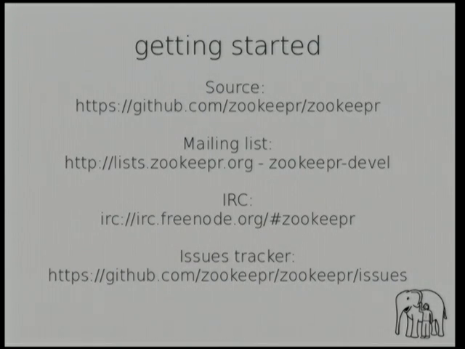There are heaps of tutorials about contributing to GitHub. We have a mailing list, Zookeepr Developer, which you should sign up for, and IRC, and there's the issue tracker if you are interested in having a look at some of the stuff that has been reported, separate to my wish list. That could be a place to grab something small.